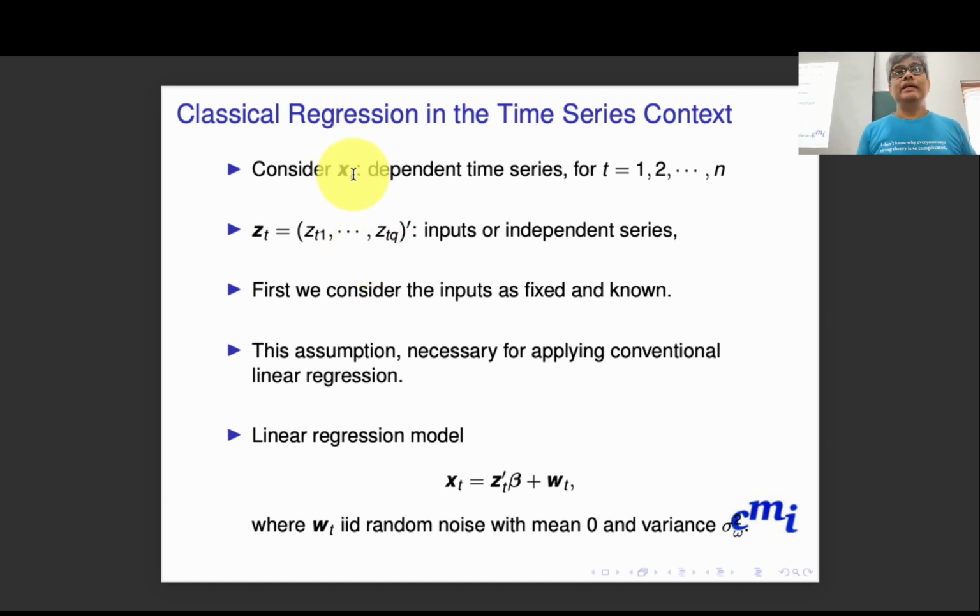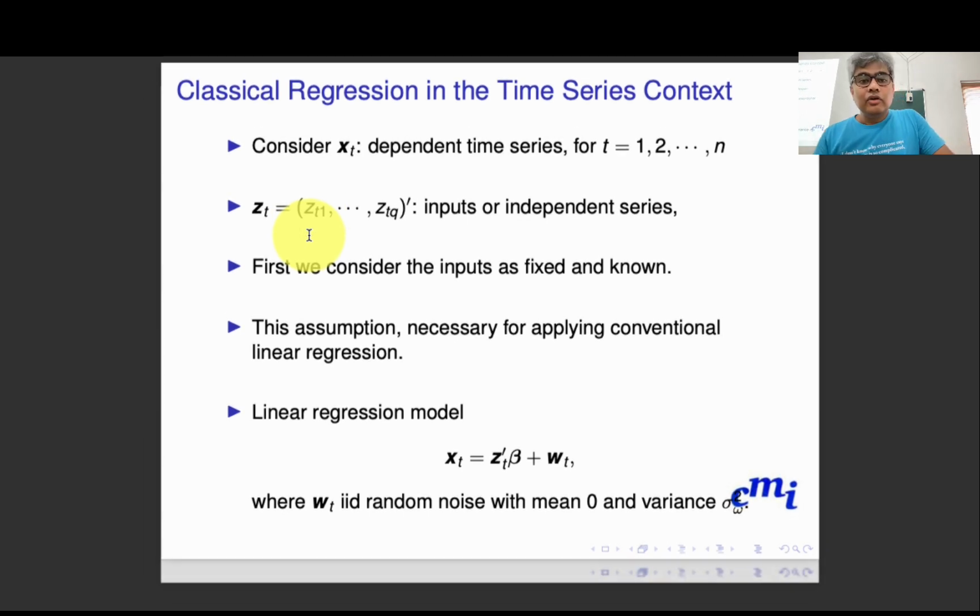Capital X means X1, X2, ..., Xn. Here I'm just taking it as T. X can be a matrix or vector also, but let's not complicate; let's take it as a univariate time series. Z is a q-variate input vector, also measured at exactly time point t.